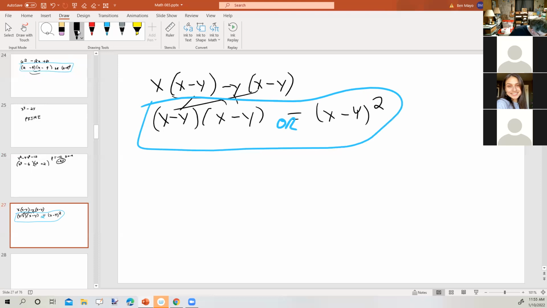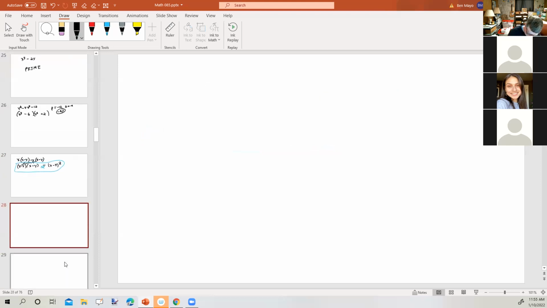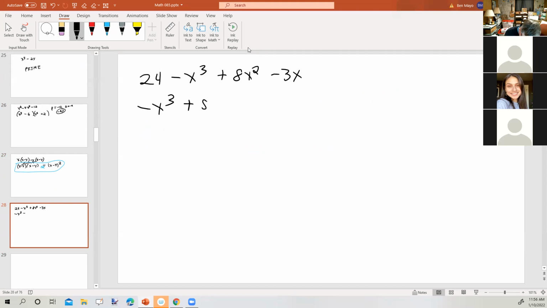Let's see here. How about this one? 24 minus x cubed plus 8x squared minus 3x. Well, the first thing I'm going to do here is put this in standard form. Negative x cubed plus 8x squared minus 3x plus 24.